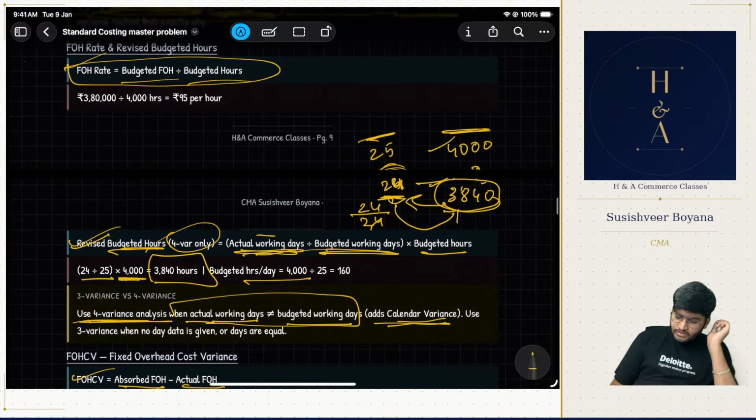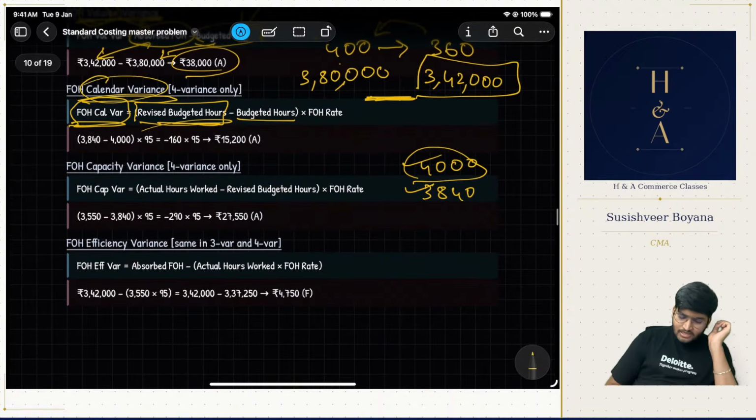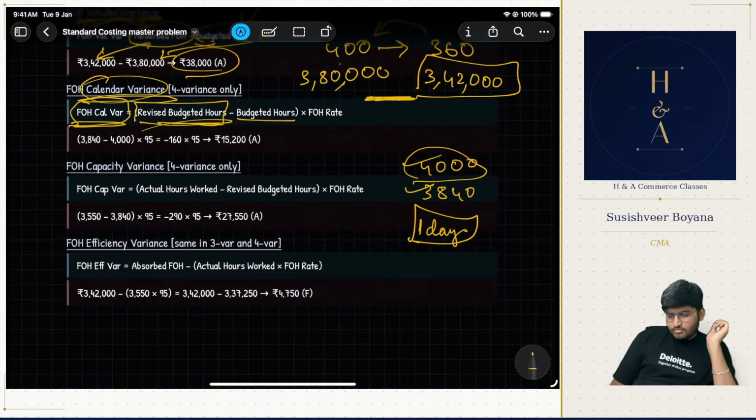3,840 for 24 days. For 24 days, we got 3,840, and for 25 days, we got 4,000. So, because of the calendar difference of 1 day not being utilized, that is the deviation on the budget. What I am seeing as a difference in fixed overhead is the fixed overhead calendar variance.